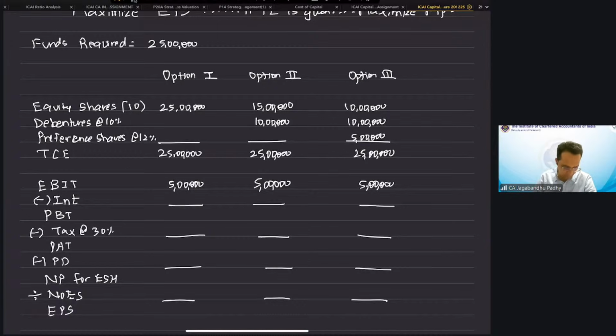Just calculate the EPS numbers of all the three plans.